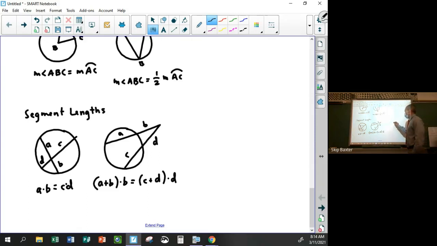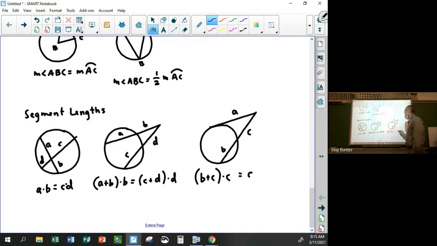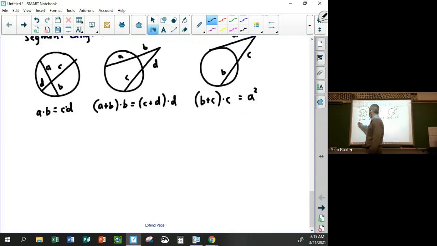And then the third formula was we have a tangent and a secant. So the whole secant, B plus C, times the outside part equals the tangent squared. Then we talked about constructing a tangent line.